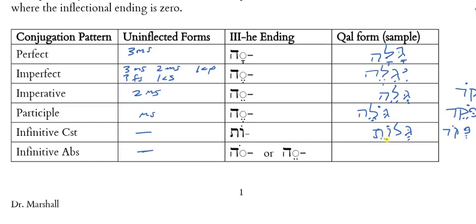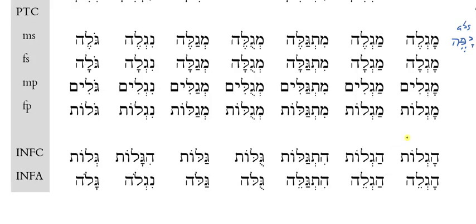This ot then is going to mark for us the infinitive construct of 3 hey verbs, and this is true for all the stems, every single one of them. So if you look down at the paradigm page, the infinitive construct forms are gelot for the qal, higgalot for the niphal, gallot and gullot for the piel and pual, hitgallot for the hithpael, haglot and hoglot for hiphil and hophal.